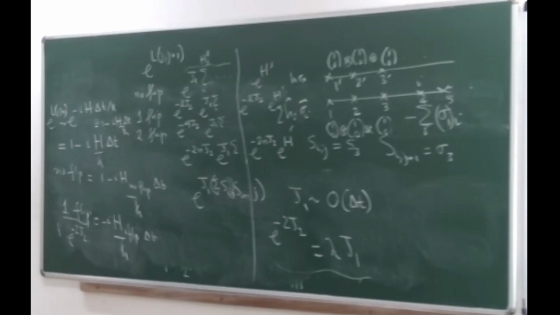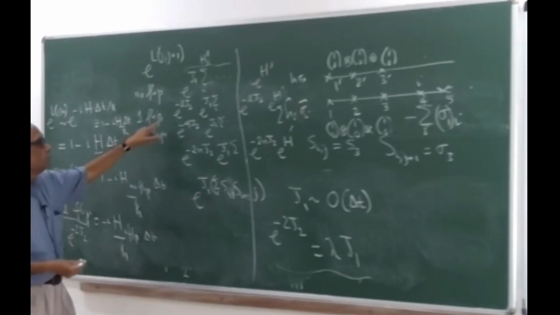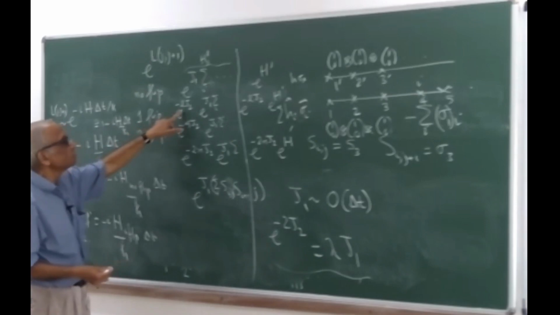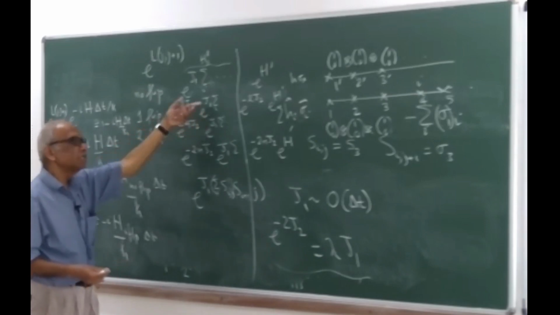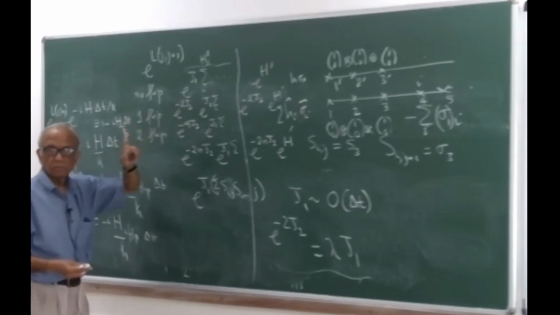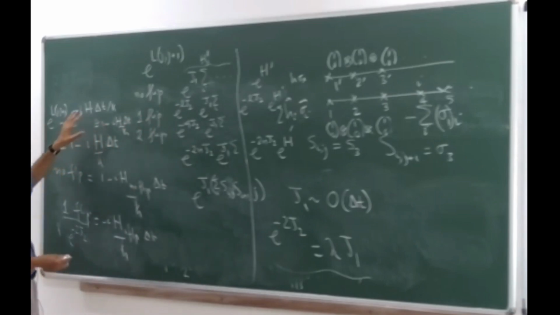J2, see, J2 is this one flip matrix element, I mean the one flip matrix element is of the order, and this is of order unity. So the one flip matrix element is of order e to the power minus 2J2.